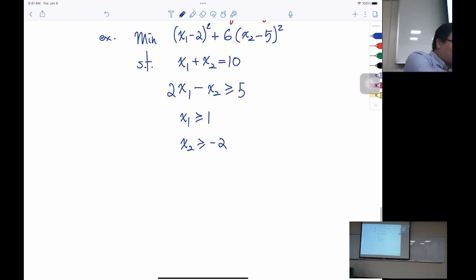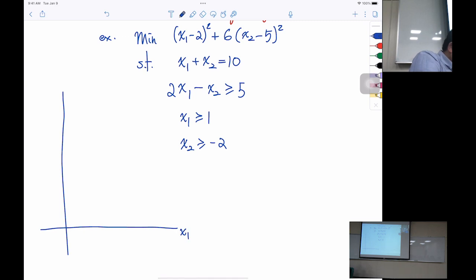Here's what I'm going to do, just like what I did last time. So actually there's a center for this ellipse.